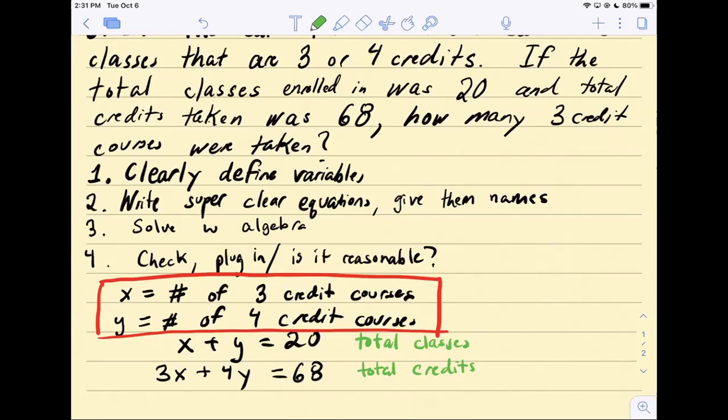This is a type of problem where you have a total quantity of something, and then each item you are talking about has another value like price or credits, and then you have a total price or total credits of all of the things combined. So that's a common type of problem that you see here.